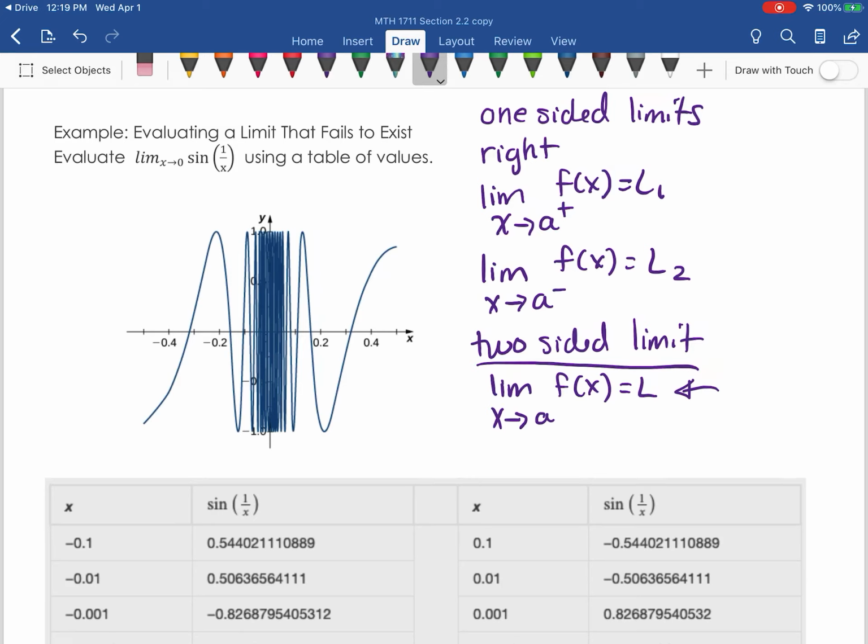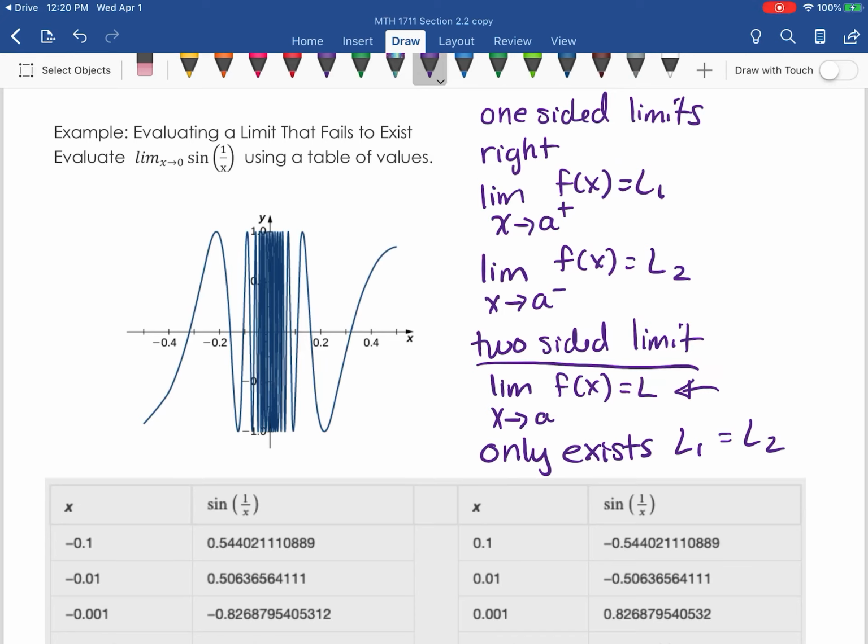Now this limit, the two-sided limit, will not exist unless both the right and the left-sided limits are equivalent. So this only exists if the right-sided limit is equal to the left-sided limit.